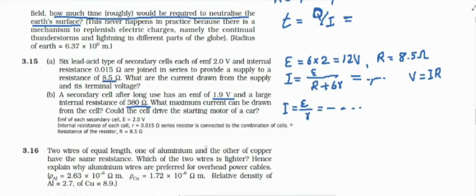So car needs very high current to start its motor. Therefore, we need to use a cell having very low internal resistance, so we obtain high current. In this case, you cannot use this cell because its internal resistance is very high and the value of current you are getting is extremely small. So you cannot use that secondary cell to start the motor of a car.